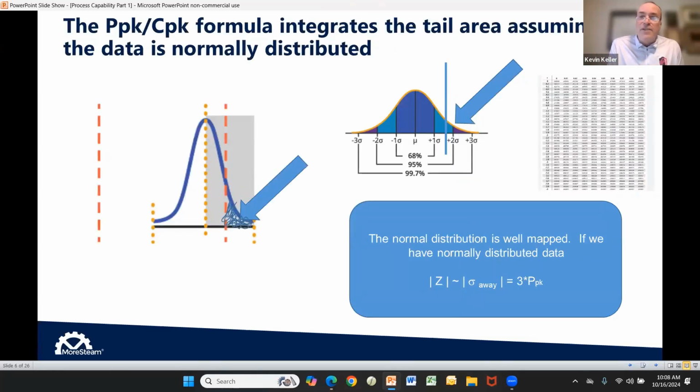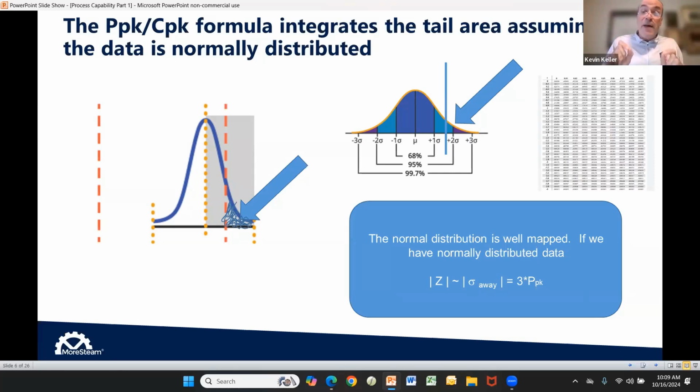So let's talk about this idea of normality. If you had an academic statistics course somewhere in school, you learned about the normal distribution and you learned about how many standard deviations away you were from the mean, and we called that a z-value. And we learned about z-tables if you're ancient like myself, and if you're new, the numbers pop up.